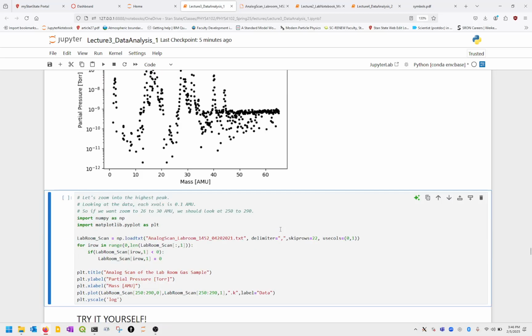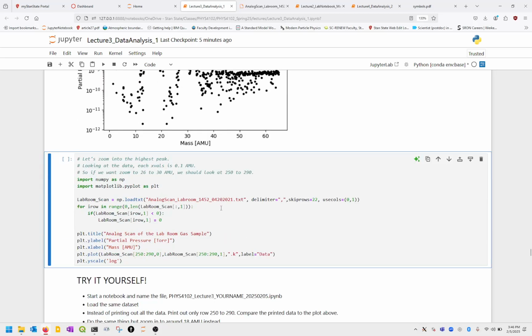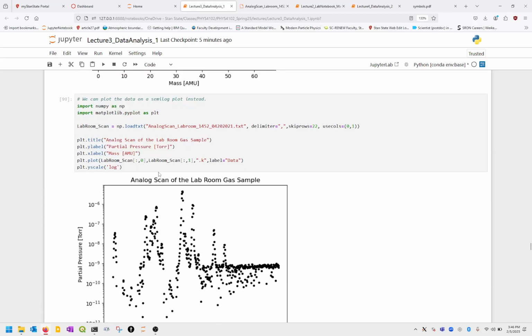You can also zoom into the plot. I haven't shown you how to zoom yet, so what I'll show you is plotting by slicing the array. Up here I loaded the data, made a bunch of labels, and told it to give me every row. When you don't put anything around this colon, it gets everything, all of column 0 and column 1.